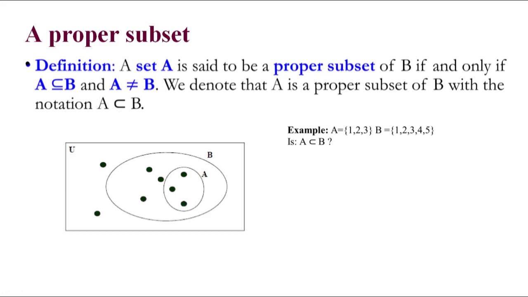Here is an example: A = {1, 2, 3}, B = {1, 2, 3, 4, 5}. Is A a proper subset of B or not? So A is a proper subset of B.